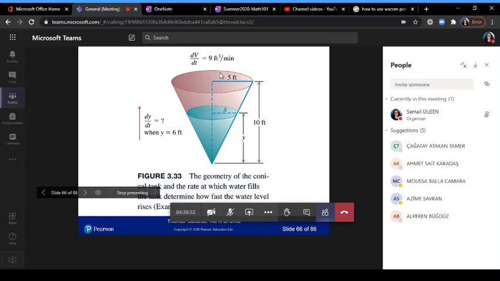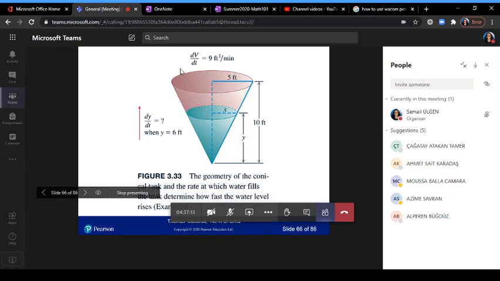So every minute 9 feet cube increase in the volume of the water. And the question was how fast the water level rises. So they are asking about the rate of change of the height of the water.